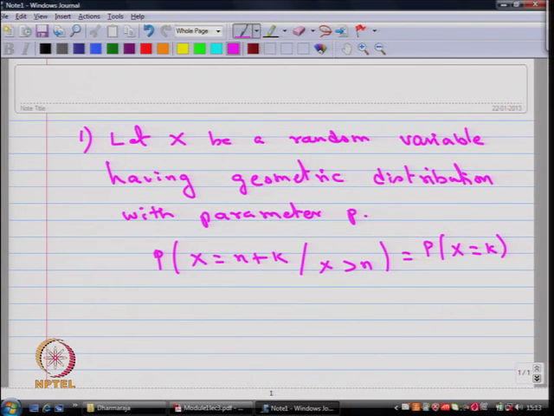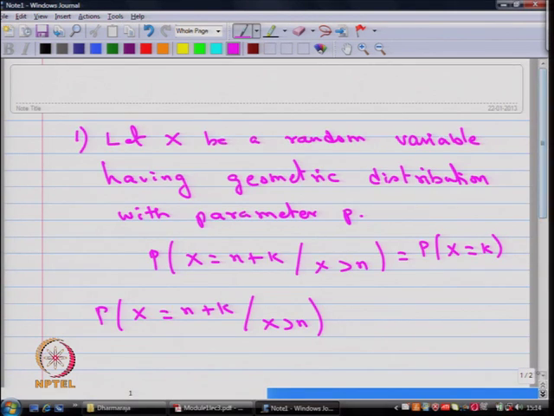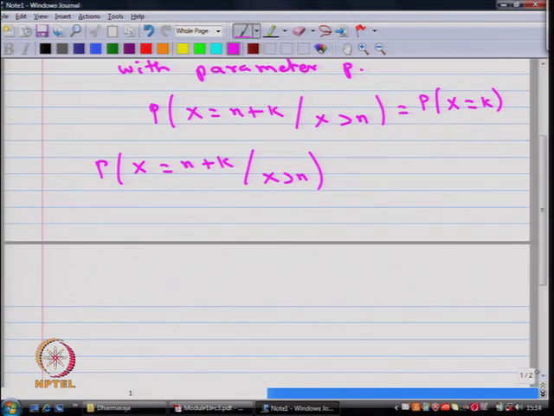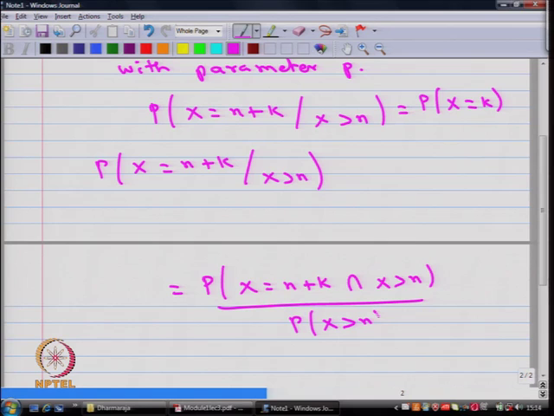We can prove this result by starting from the left hand side, that is the probability of X takes the value n plus k given X greater than n. By definition, this is the same as the probability of X equal to n plus k intersection X greater than n, divided by the probability of X greater than n.